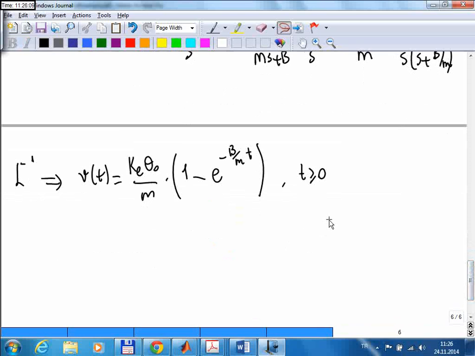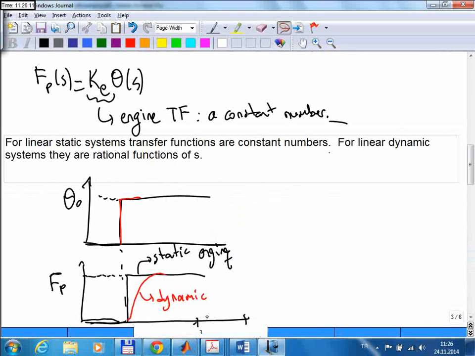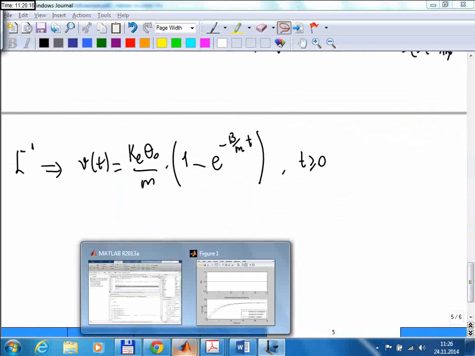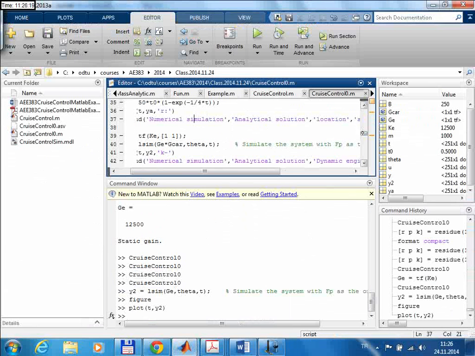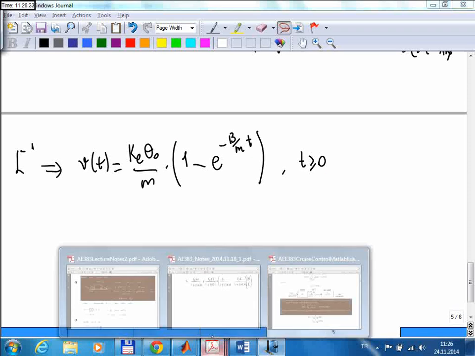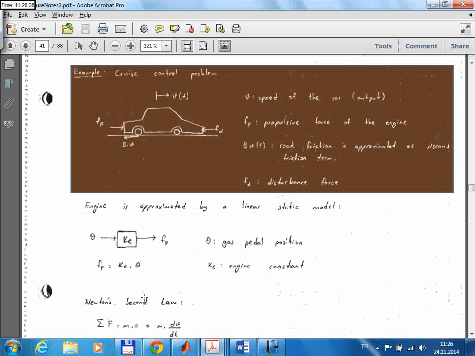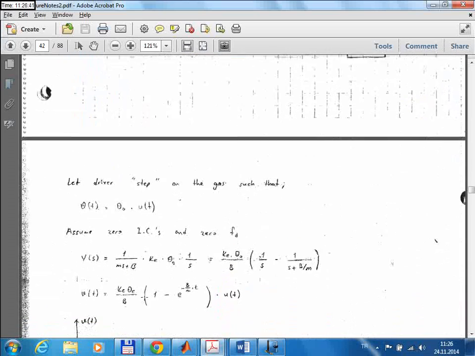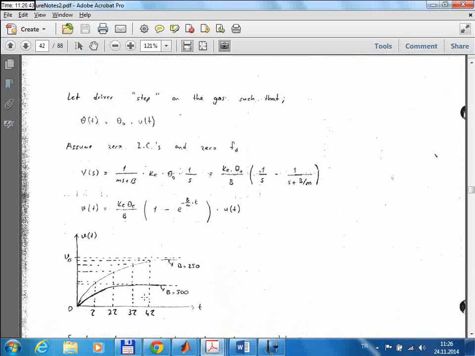Okay, now let's take a look at the response in Matlab. Okay, so this is the response I got.